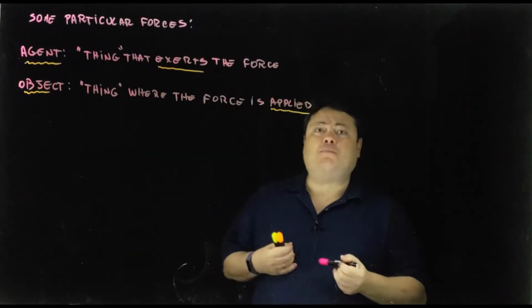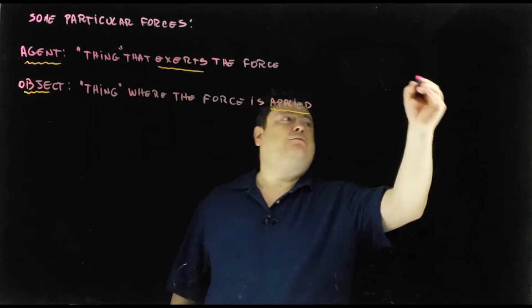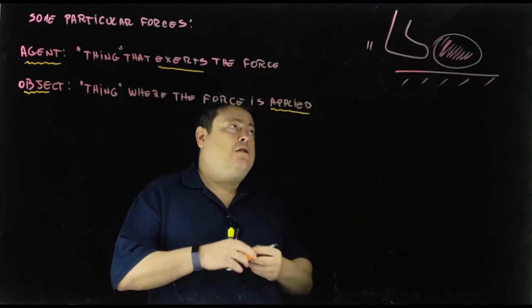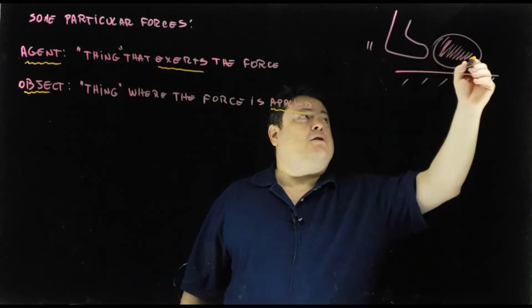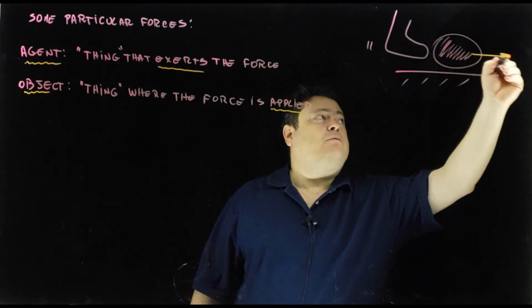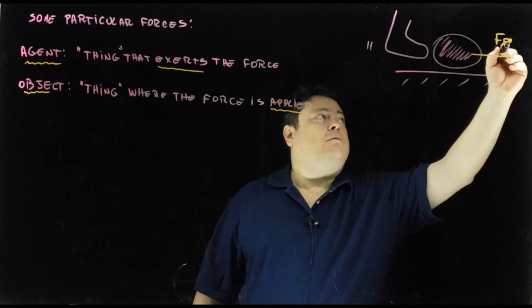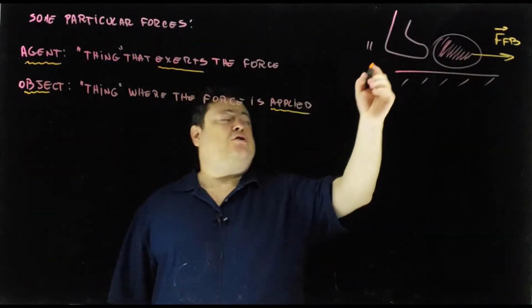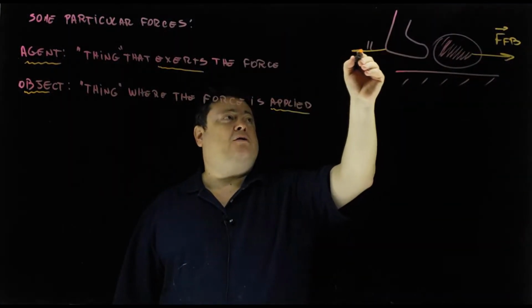In the traditional example of the foot kicking the ball, we have that the foot kicks the ball, exerting a force on the ball. And the ball reacts back with the force of the ball on the foot, pushing back on it.